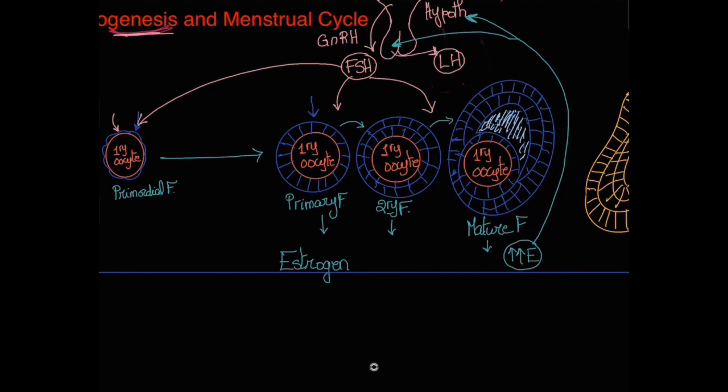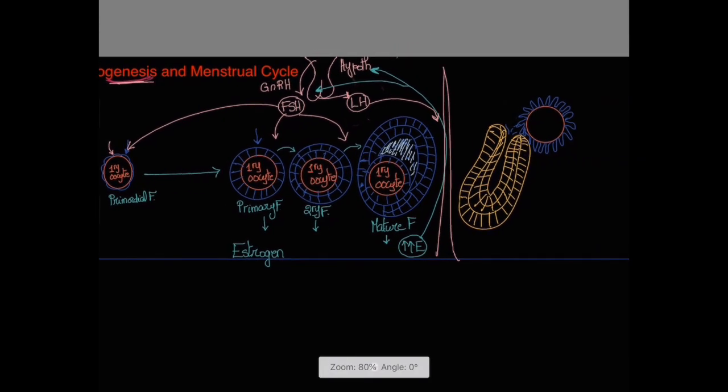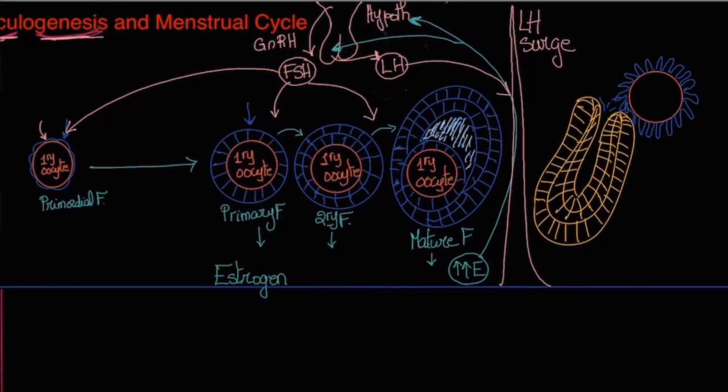So LH here will be rising suddenly, and we call this the LH surge. This sudden rise of the LH will result in 3 major effects. The first one is the maturation of the primary oocyte into a secondary oocyte.